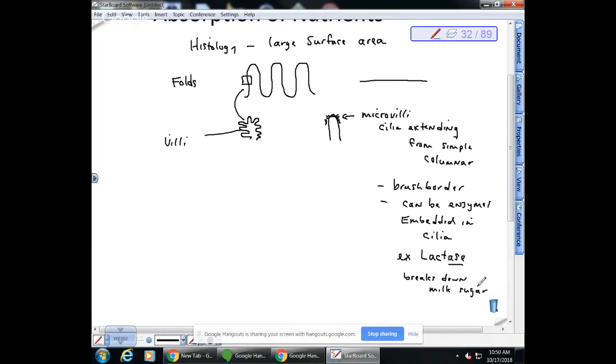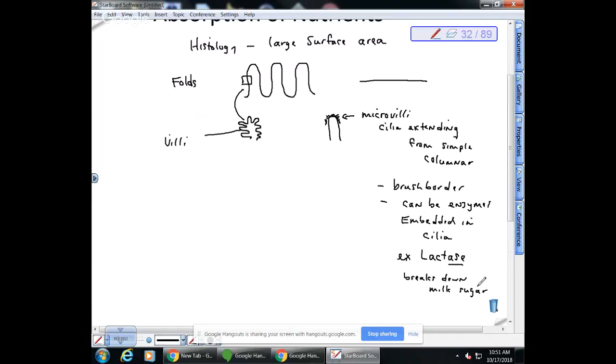And so most humans on the planet today are lactose intolerant as adults, right? But this is just one example of an enzyme that is a brush border enzyme. But there's other ones that function in the final digestion of proteins as well as other carbohydrates.